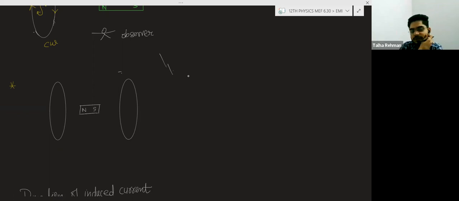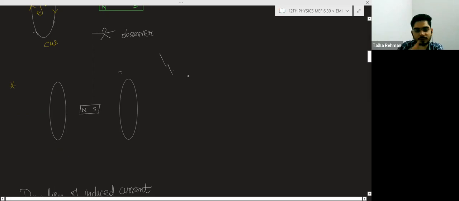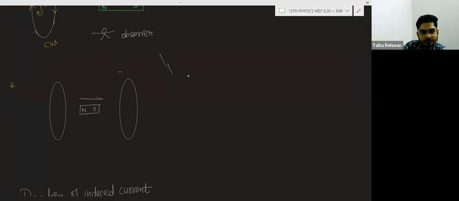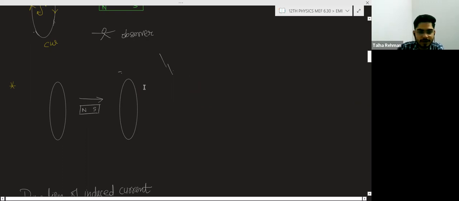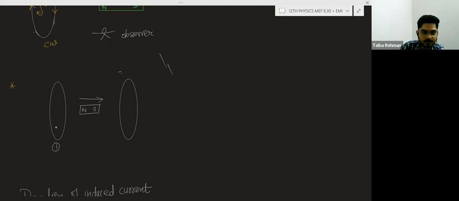This is north pole and this is south pole. And this magnet is moving in this direction. So if this magnet is moving in this direction, what is the direction of current in this coil and in this coil? So start from this coil number first.